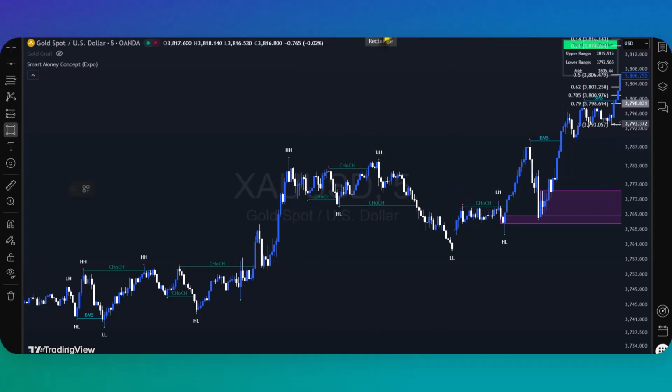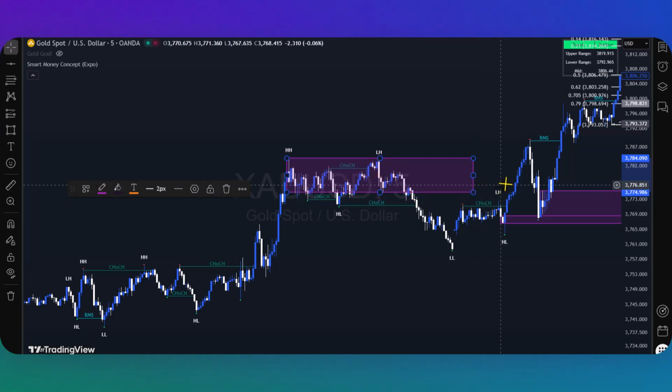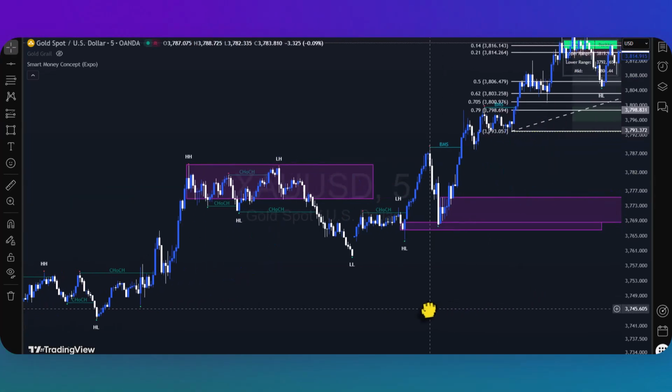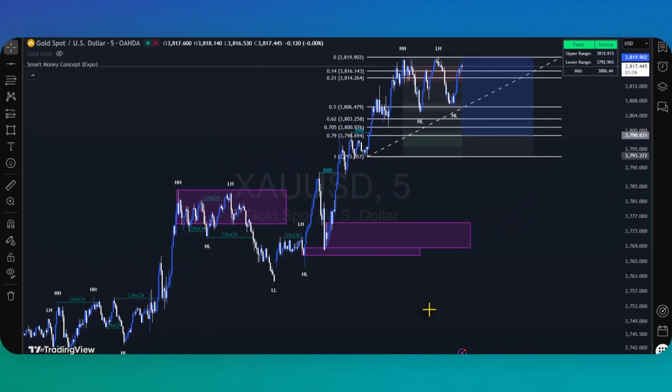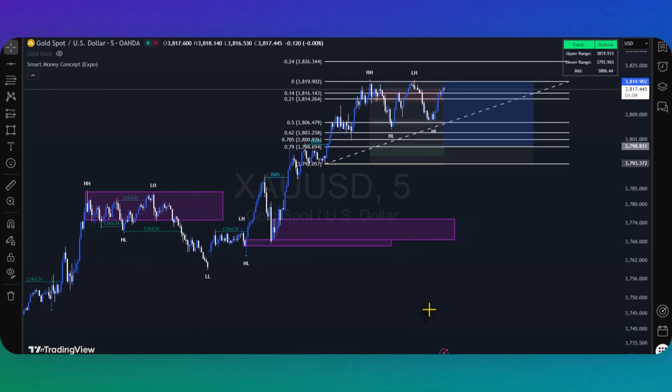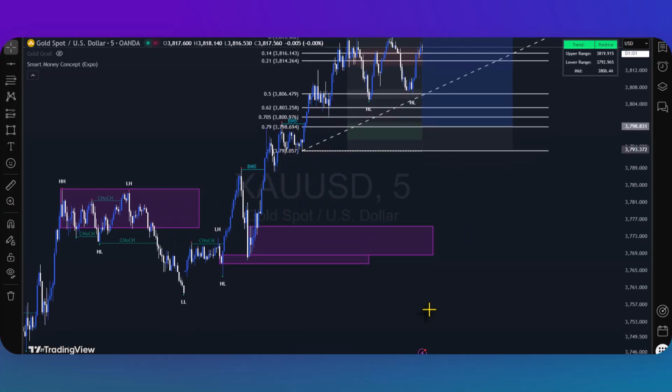This zone here is a supply zone. You can use some of these strategies to flip accounts, for quick flip movements in the market, especially with gold. You can use gold to flip and stack very well.